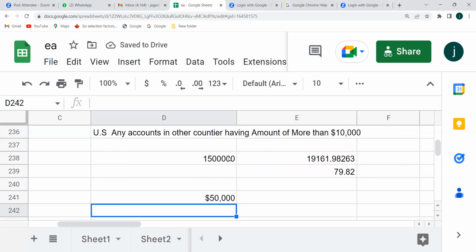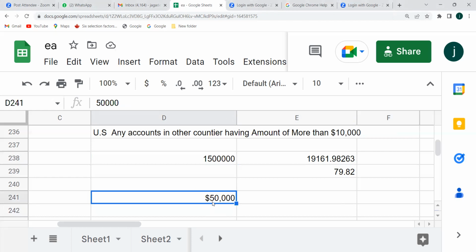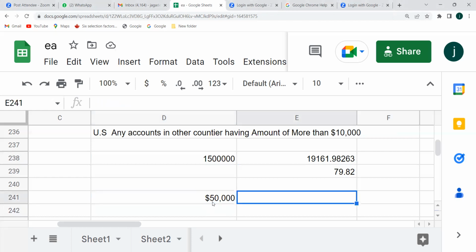FATCA stands for Foreign Account Tax Compliance Act.